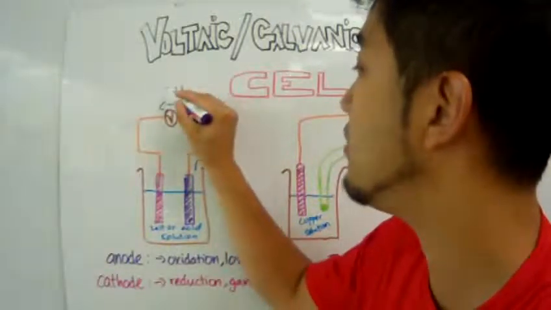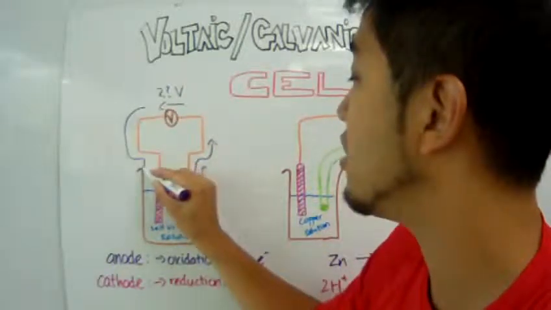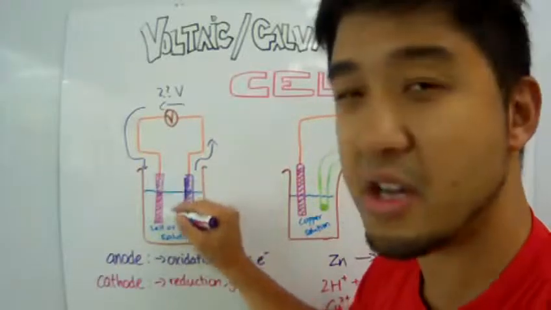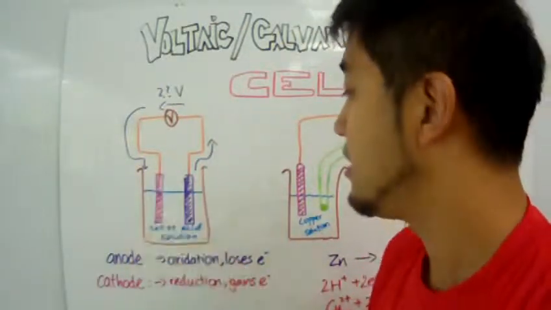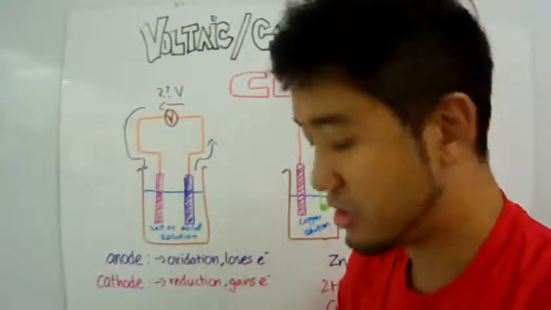Then you're going to get a volt reading. Then the electrons are going to go down into the other metal bar, and then a reaction will happen at this end. So this whole thing is a redox reaction.